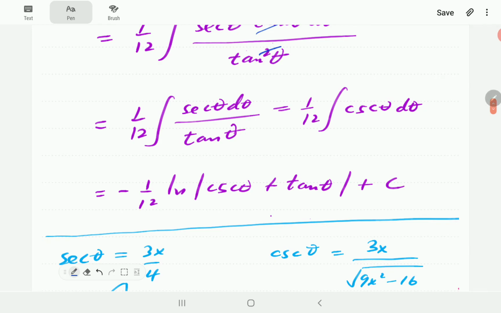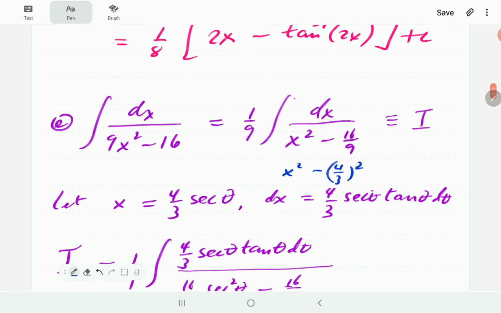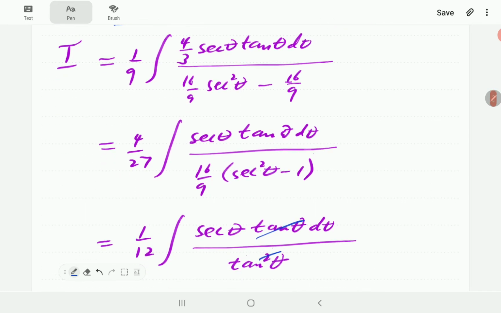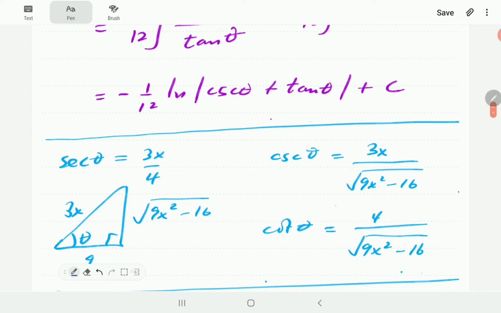That simplifies to 1 over sine, or cosecant. That is a standard integral. It's the negative of ln cosecant plus cotangent. Then we're going to bring back our transformation formula so that we can rewrite our integral in terms of x. So secant is 3x over 4. That means cosine is 4 over 3x.